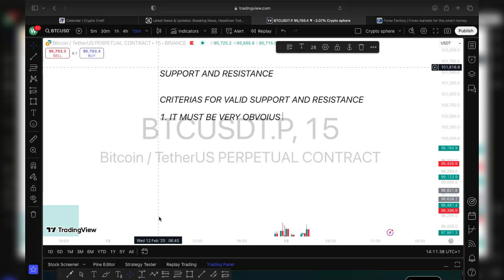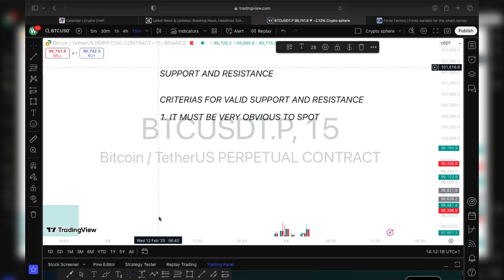What do I mean by that? Support and resistance are things that do not hide themselves. Once you see a support level, you'll be able to note that because there's a lot of rejection that happens on those levels. When we get to a live chart, you'll be able to see these things even more clearly. But just know that it's usually very obvious to spot.